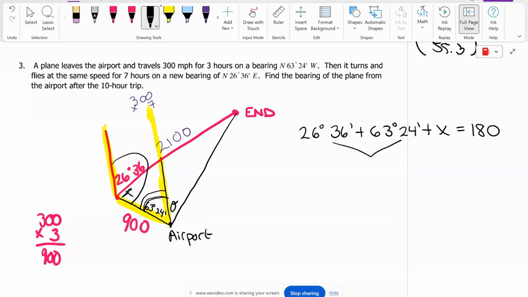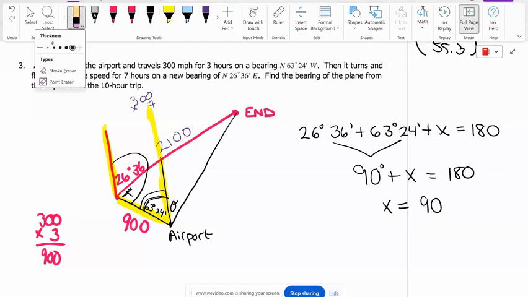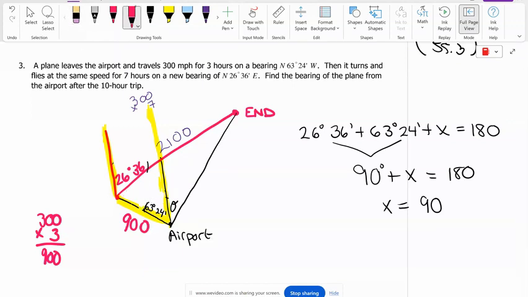So if you add these two together, 26, 36, and 63, 24, what do you end up getting? Yep, which is 90. So 90 plus X equals 180, so X has to equal 90. So that means this is a right angle.